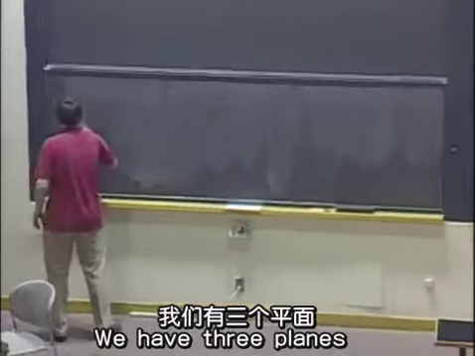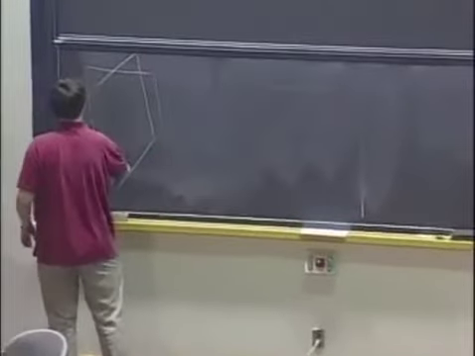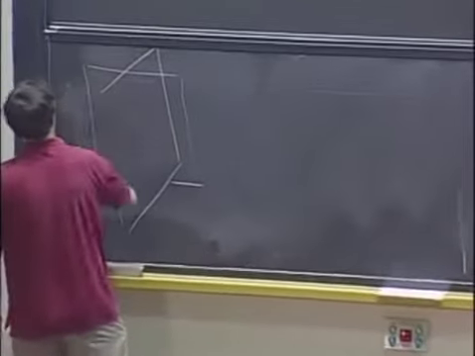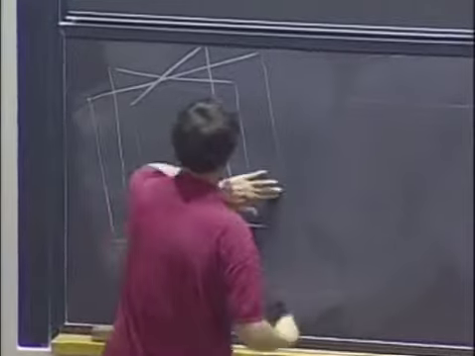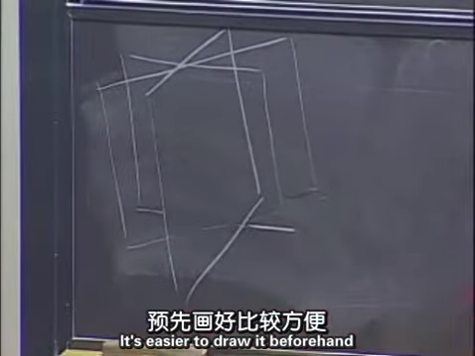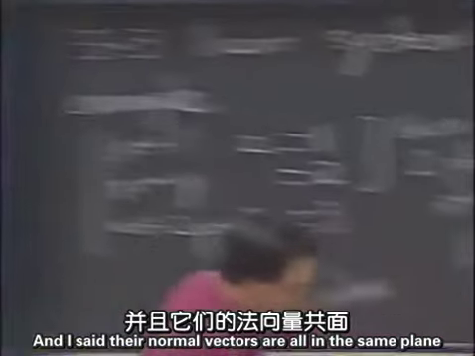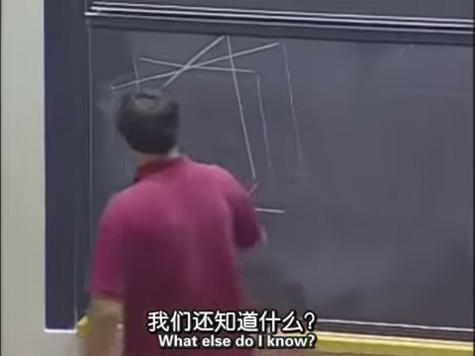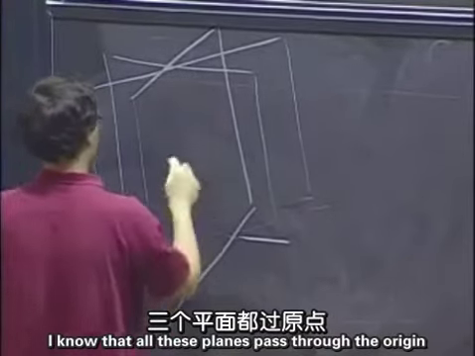So let me try to draw that picture again. So we have three planes. Okay, now you see why I prepared the picture in advance. It's easier if I draw it beforehand. And I said their normal vectors are all in the same plane. So, what else do I know? I know that all these planes pass through the origin.